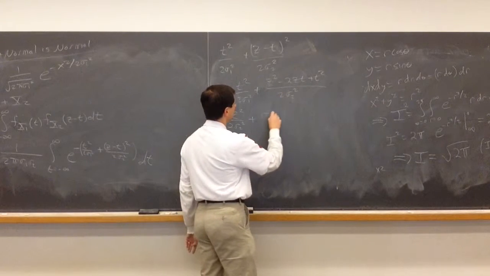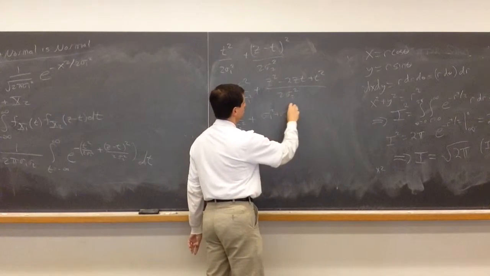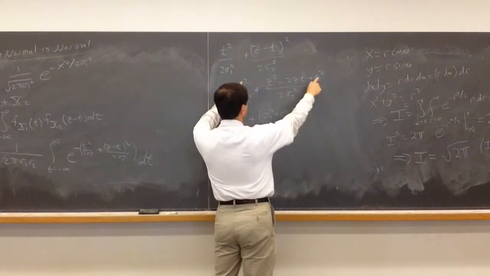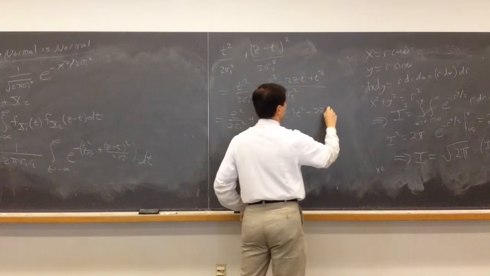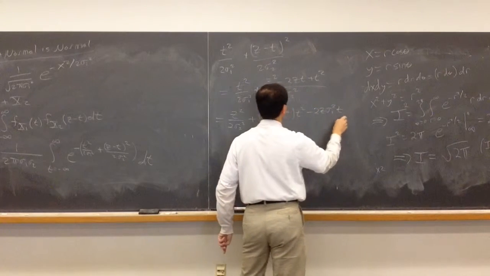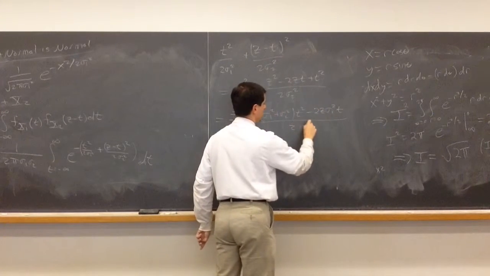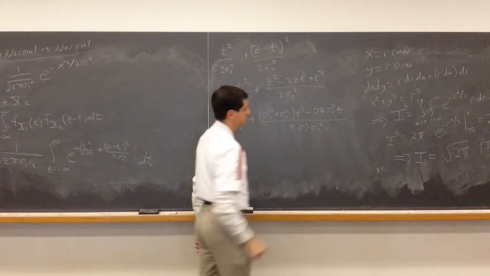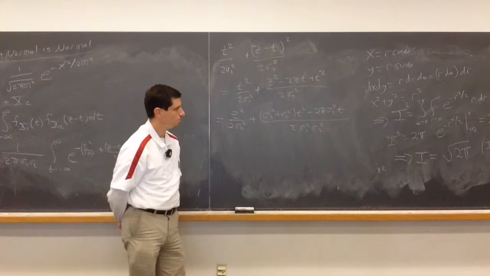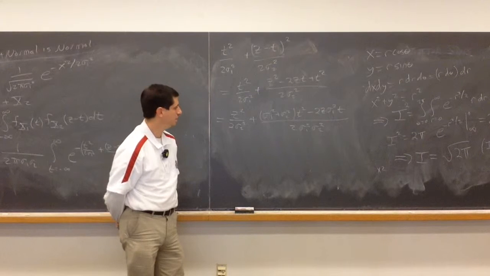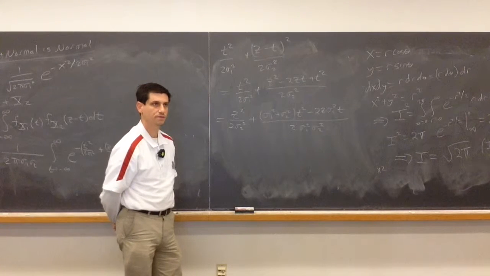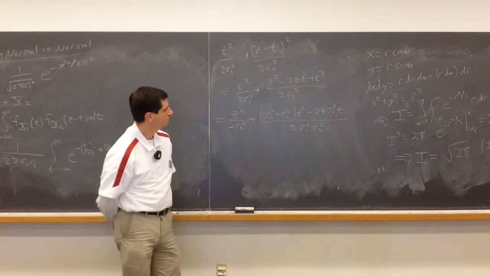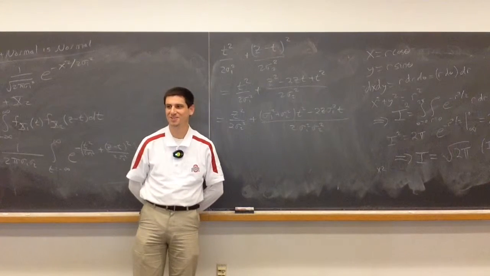I will get sigma 1 squared plus sigma 2 squared times t squared minus 2z sigma 1 squared t over 2 sigma 1 squared sigma 2 squared. Have I made any mistakes? Please be watching the algebra.